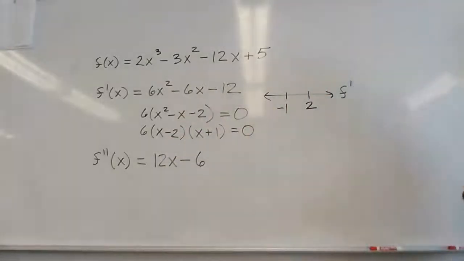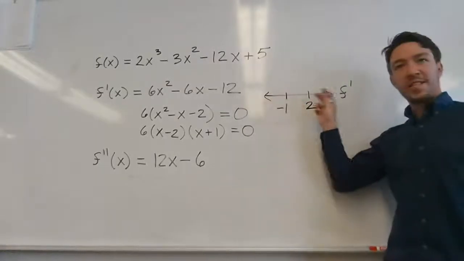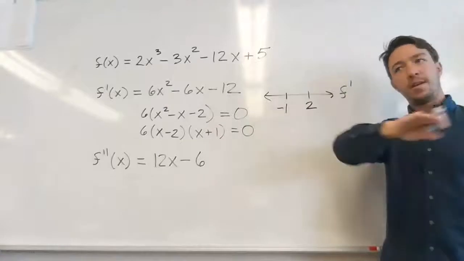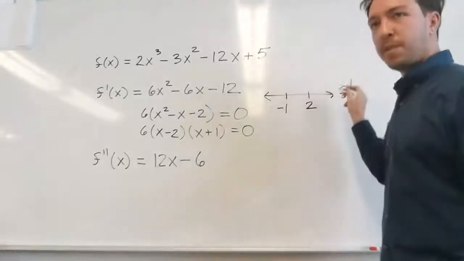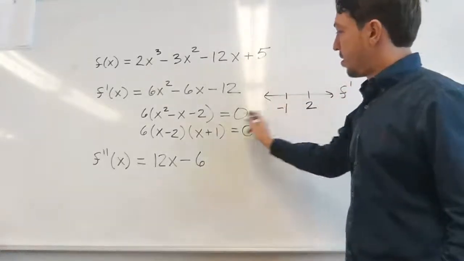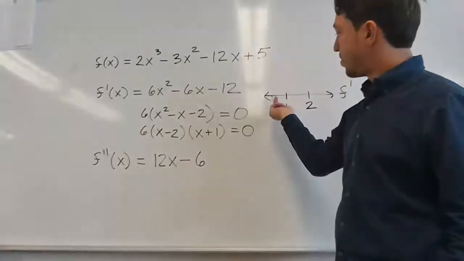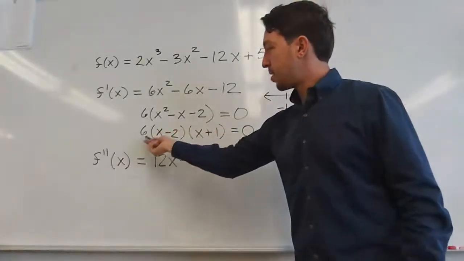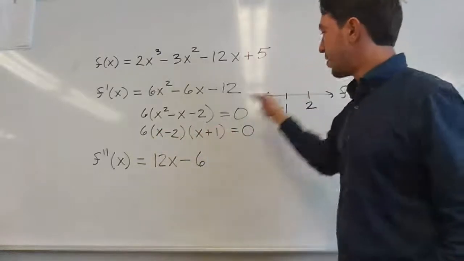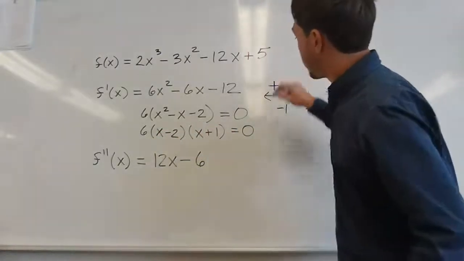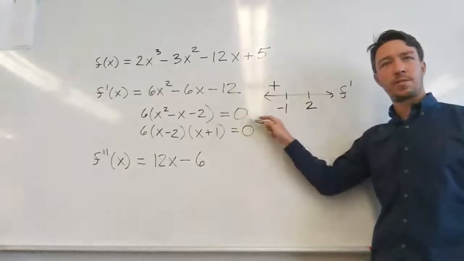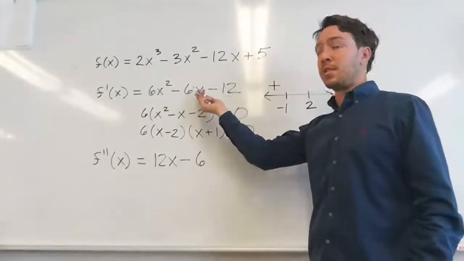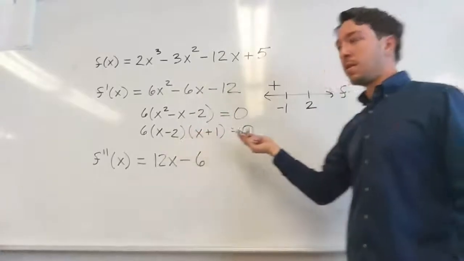And then I already kind of know what these are, right? Because I already have in the back of my head the shape of a cubic. And so I already know it's going to go plus, minus, plus. But just to test it out, plug in -3, and you have positive times negative times negative, which is positive. Does that make sense, what I was doing there? You can plug it in here if you want, but I think it's much easier just to plug it into the factored form.